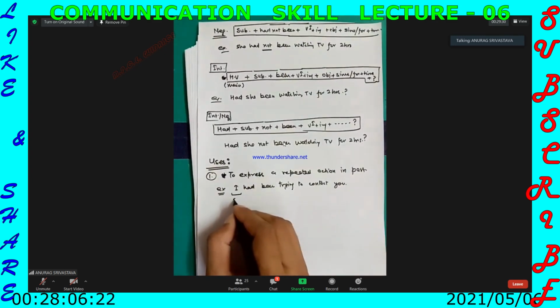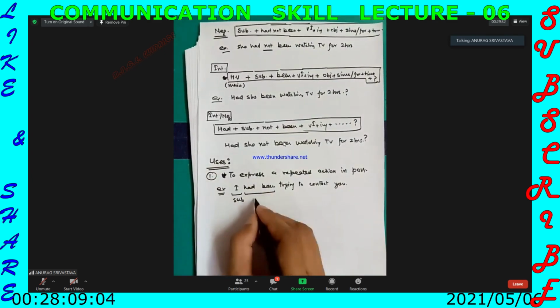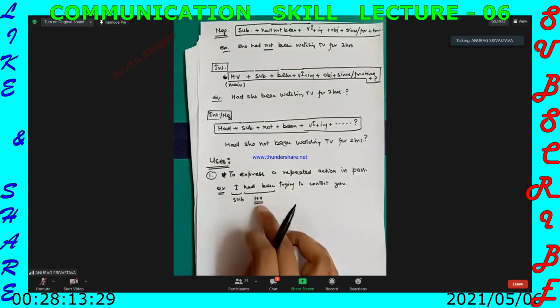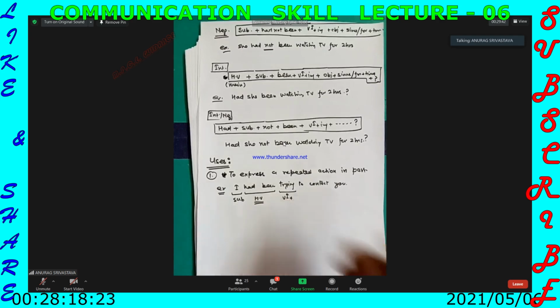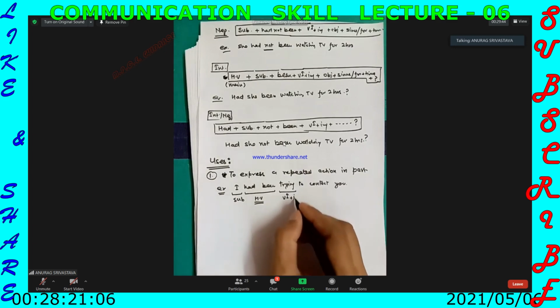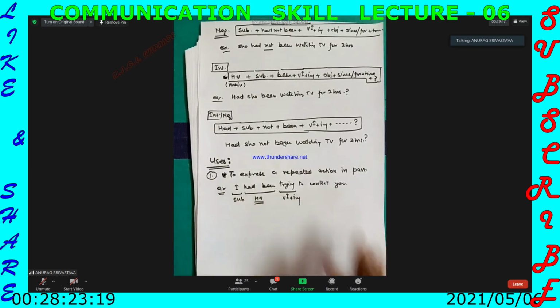It is subject, you can see, had been is the helping verb, the same helping verb we use in the past perfect continuous tense, then the verb's first form plus ing. So the complete sentence possesses the same format, and the sentence is showing a repeated action. All these types of examples can be written in the past perfect continuous tense. Let us take another example.